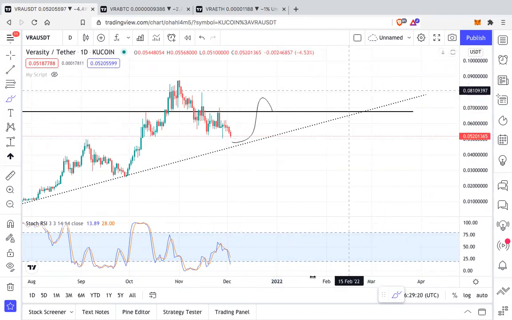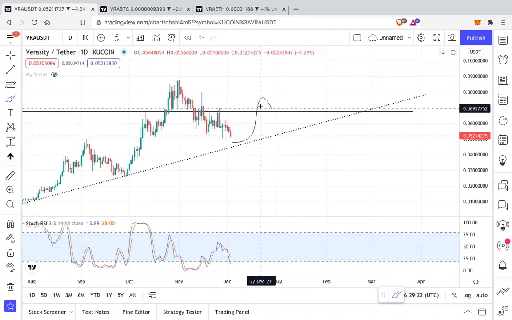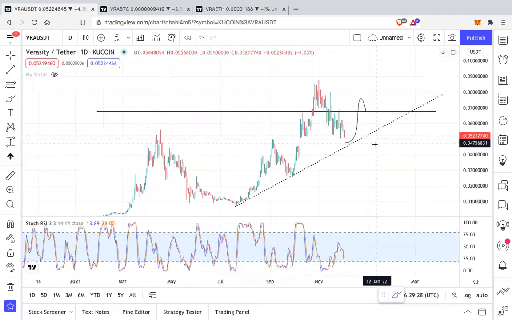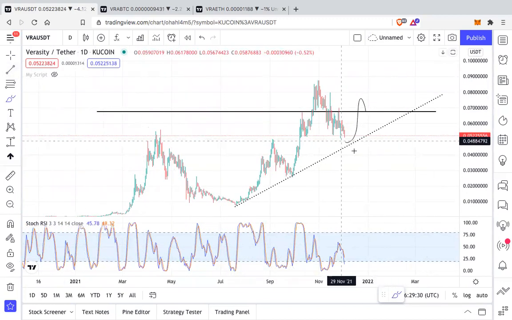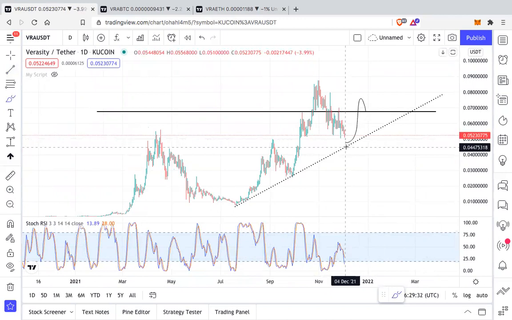So currently we are in consolidation. We are very well above the support. And as we saw on the weekly, 4.7 to 4.8 is our support. Even it confluences with our trend. This trend line tells us that 4.4 to 4.5 is our support.